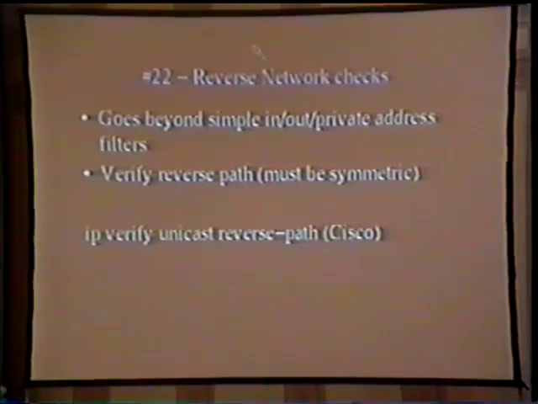That way the router determines when a packet comes in whether that packet is supposed to have come from that port. If it's not, then the router knows to drop that packet.